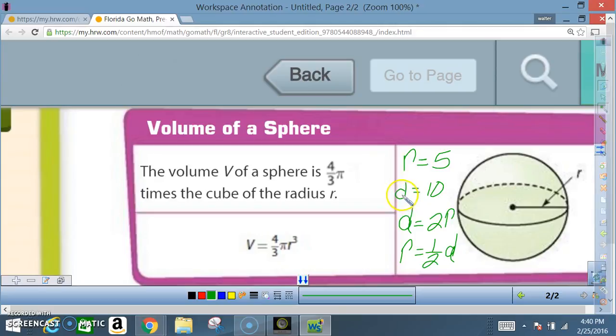And the inverse of that is, if I told you that the diameter was 10, that means that the radius has to be 5. Another way of saying it is that the diameter is equal to 2 times the radius, or you can say the radius is equal to 1/2 the diameter. Please get that in your notes.